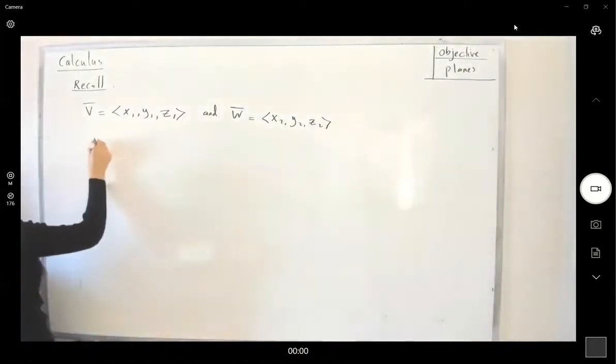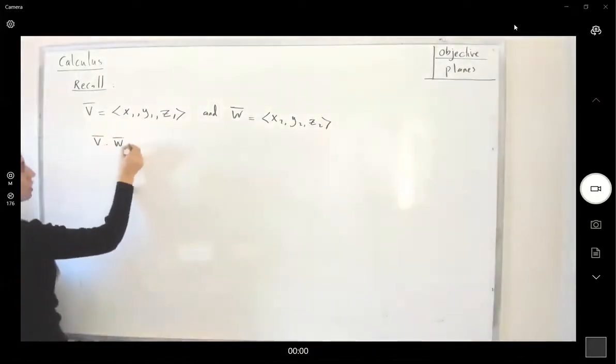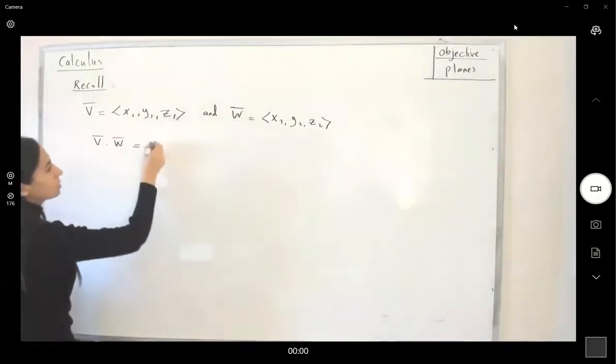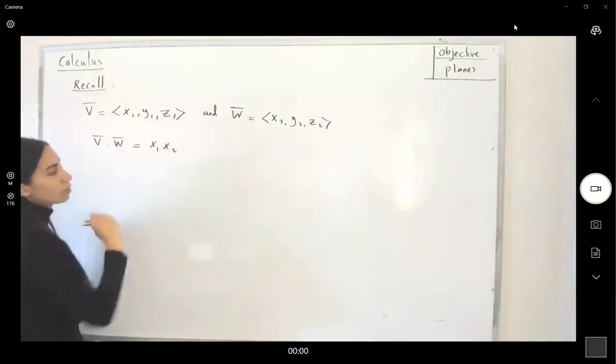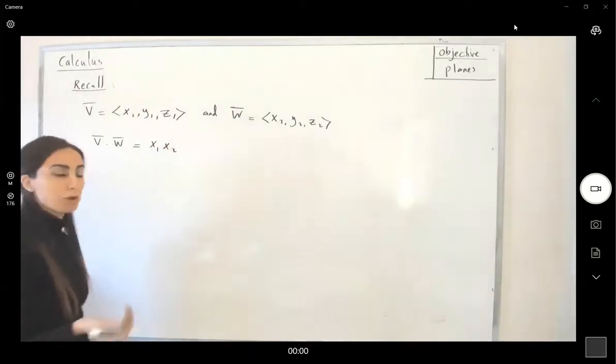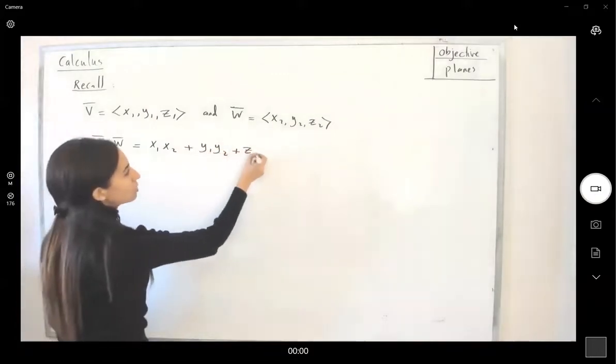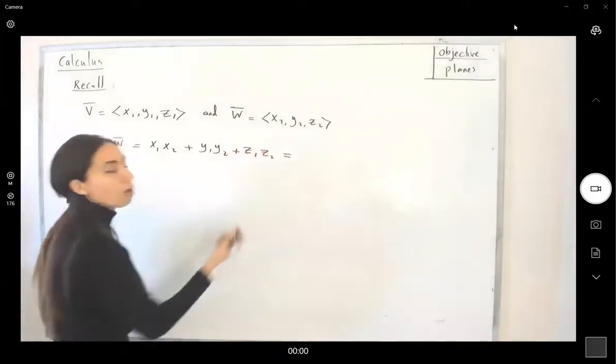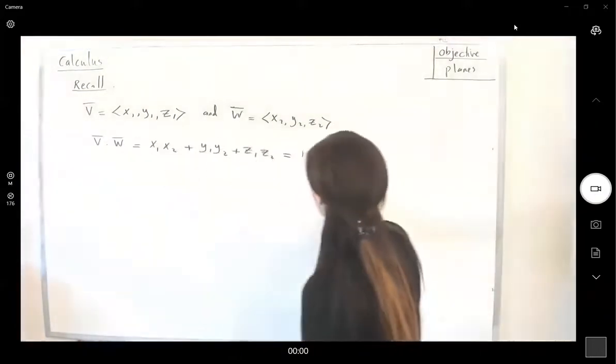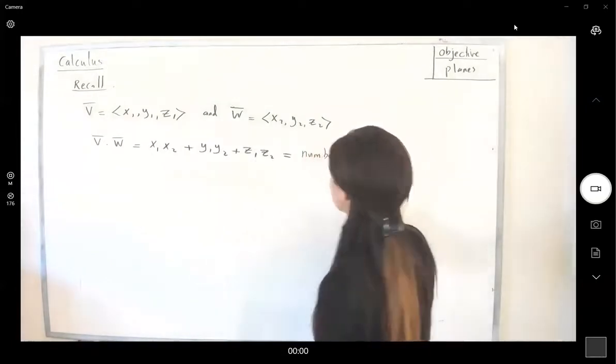The dot product is defined as what we saw before: x1 x2, so we multiply the corresponding components and add them together, y1 y2 plus z1 z2. This is always a number. The outcome is always a number.